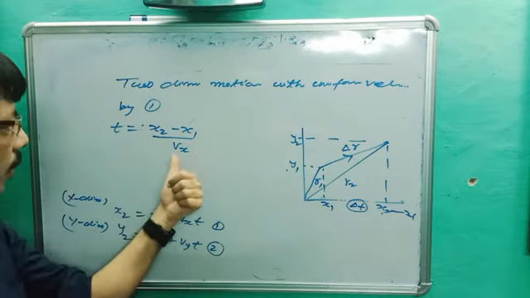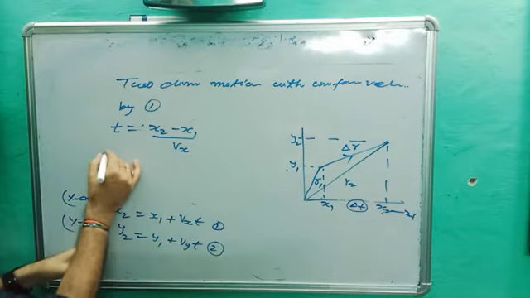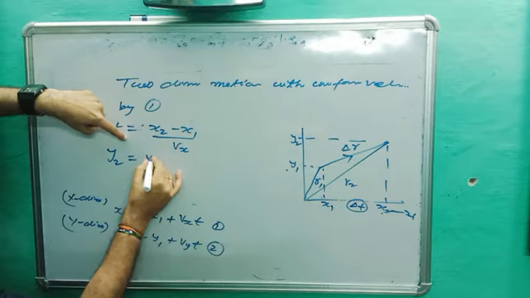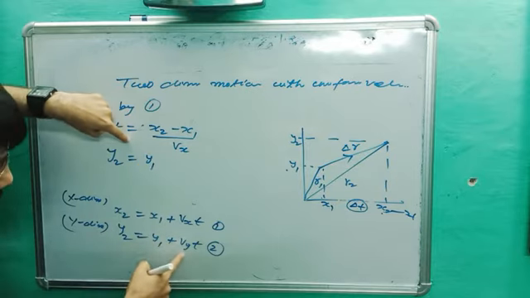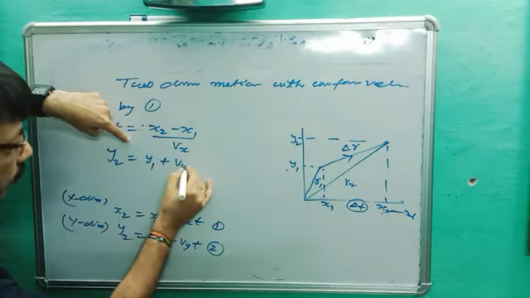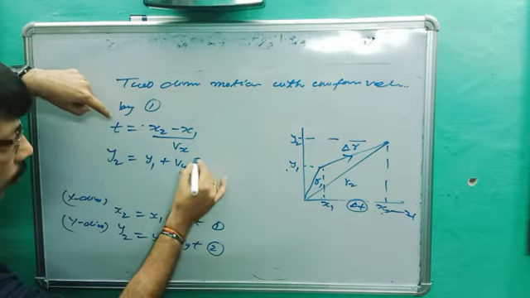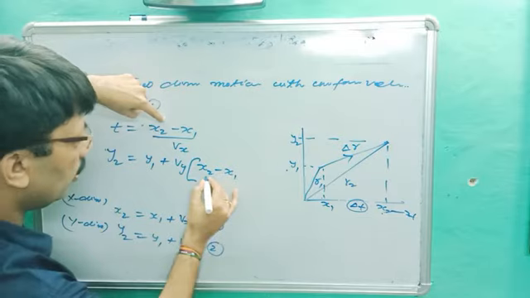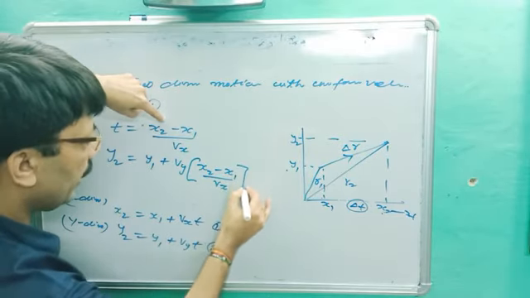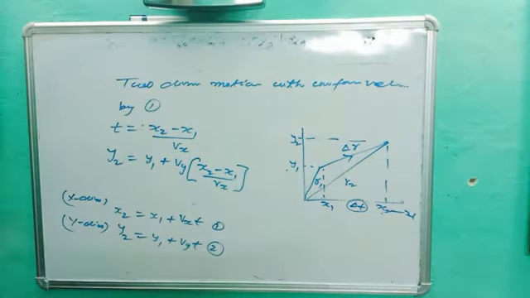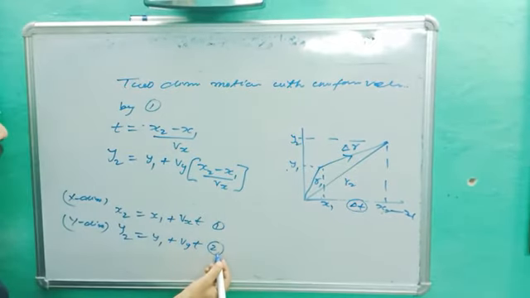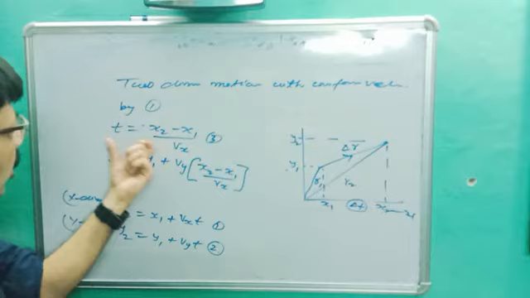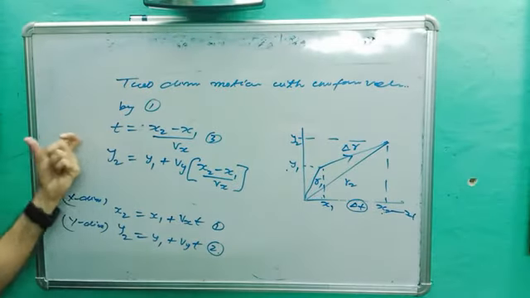Now y2 is equal to y1 plus Vy into t, and the value of t we got here is x2 minus x1 upon Vx. Putting the value of t from the first equation into the second.